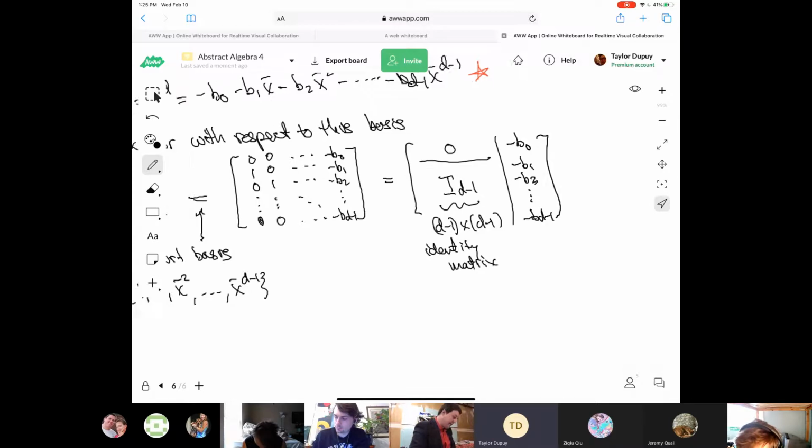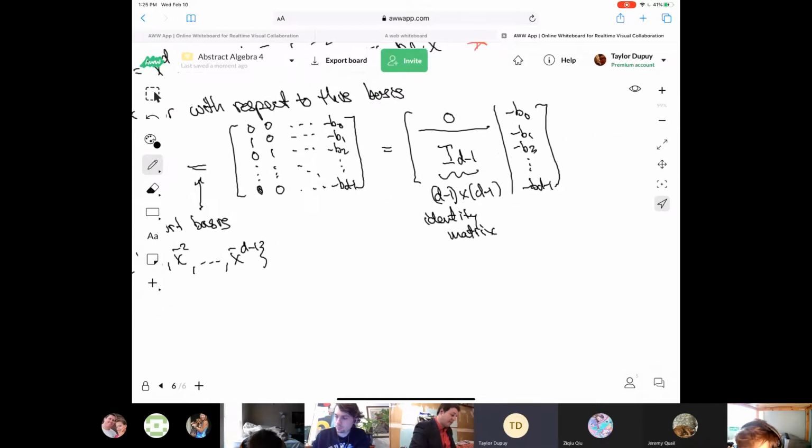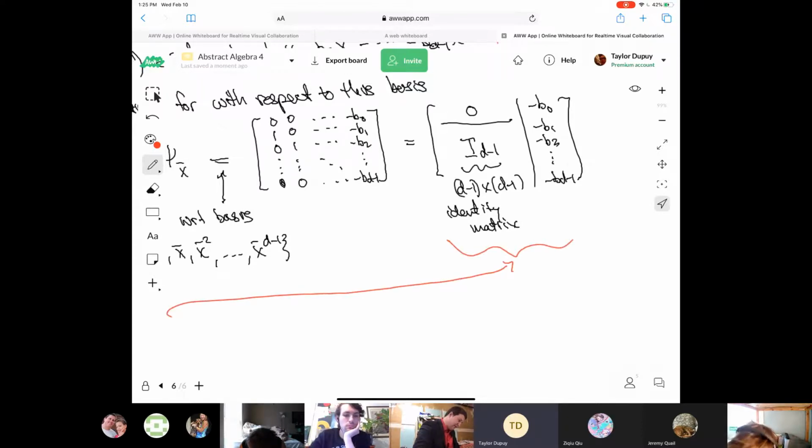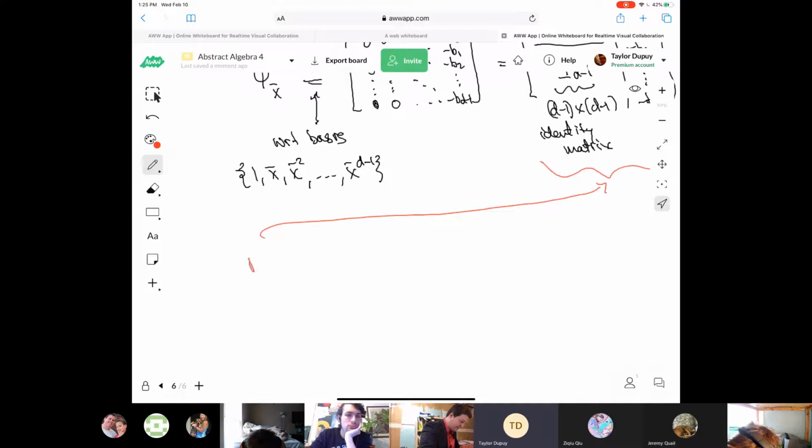Okay, so this thing here is called the companion matrix. So this matrix has a name, and it's called the companion matrix. So let's do this.